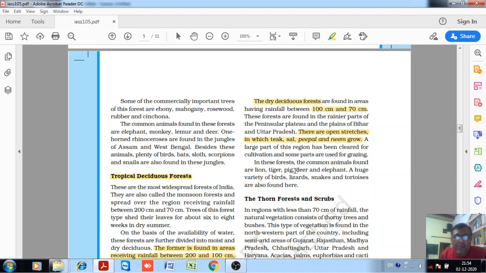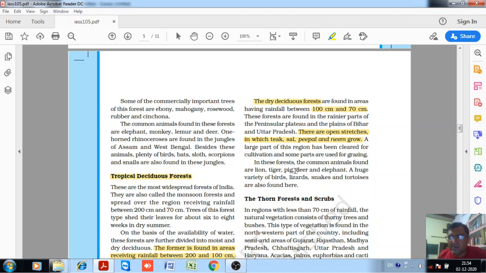As I have mentioned in the previous video also, that due to urbanization and increasing needs of our increasing population, we are doing deforestation, and most of the deforestation is done in dry deciduous forests, because it is easier to deforest these forests in comparison to evergreen forests, because here the vegetation is very less.